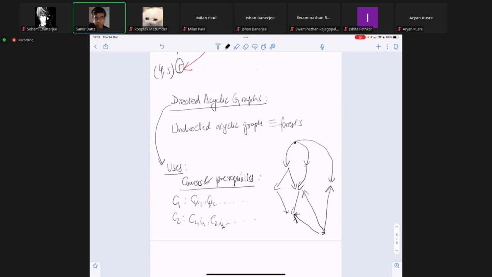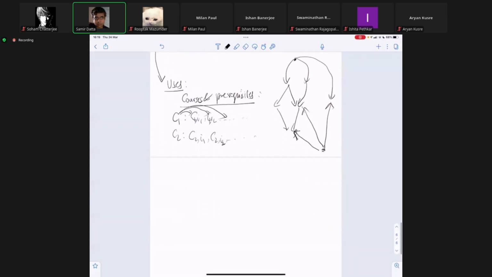So this is a natural example of a directed acyclic graph, correct? You can direct the edges from a course to its prerequisites.